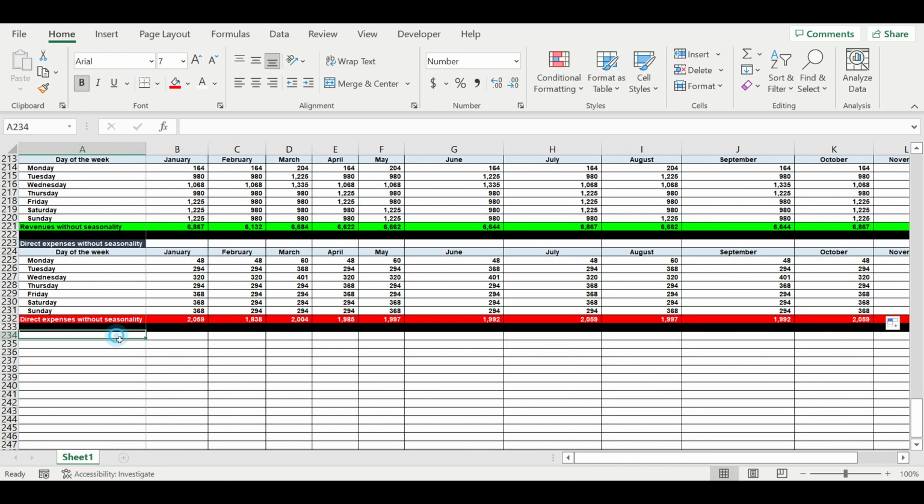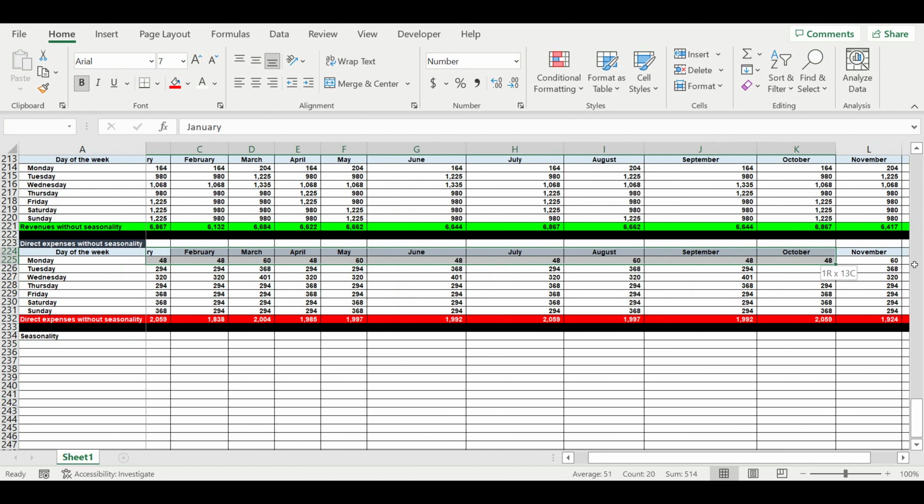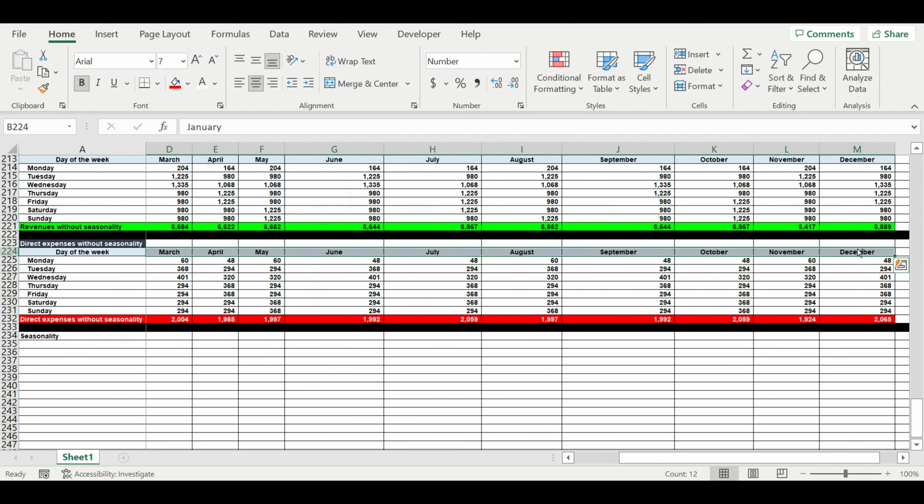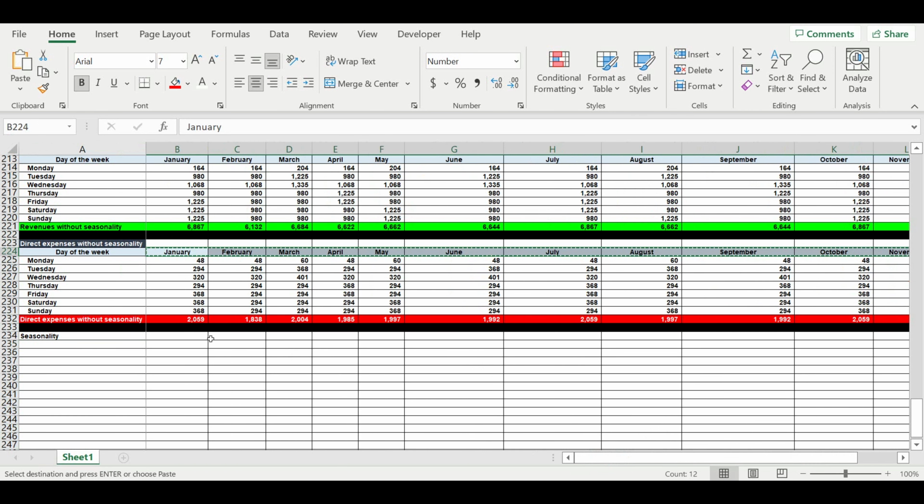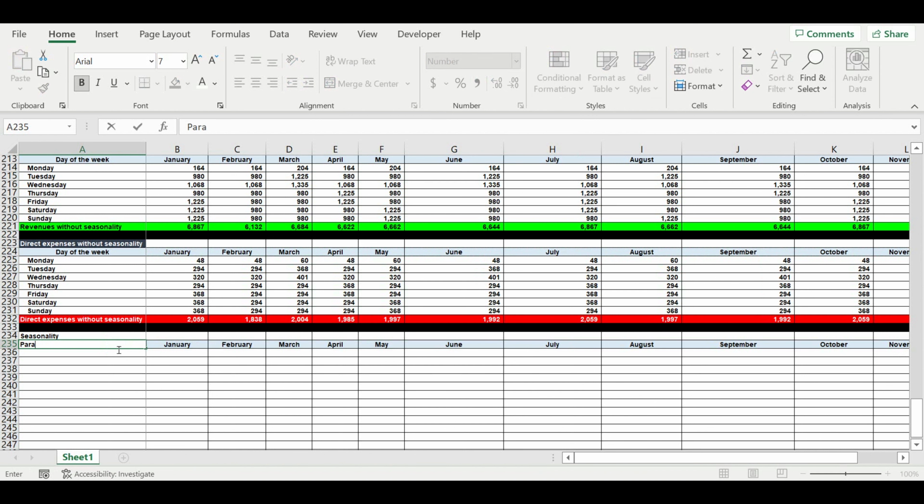Now let's add seasonality. This will be a new block of inputs.